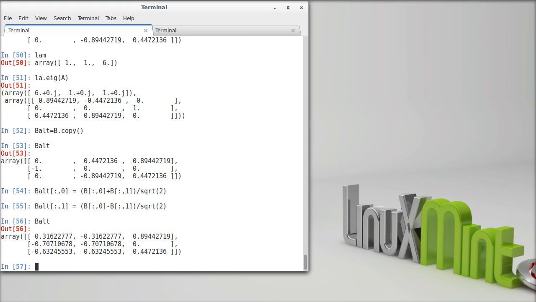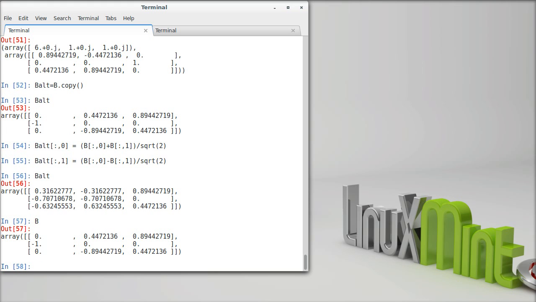So my alternative matrix is this. Notice that it looks different than the original. The last column is the same, but what I've done is I've taken different linear combinations of these two so that these are still orthogonal. This is still an orthogonal matrix. This is still a matrix that diagonalizes our original matrix.